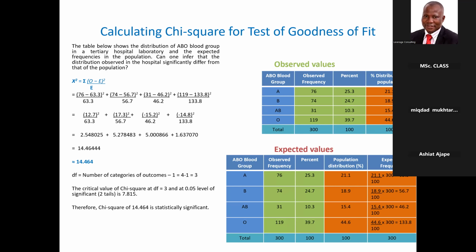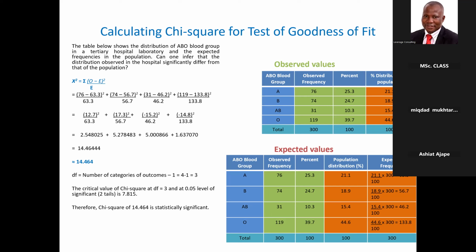It's one sample. You are just comparing the percentage you have gotten from your one sample to the percentage they have, which is public. Their own sample, they will not tell you. They just say, in our record, A is 15%, B is 20%, AB is this percent, O is this percent.